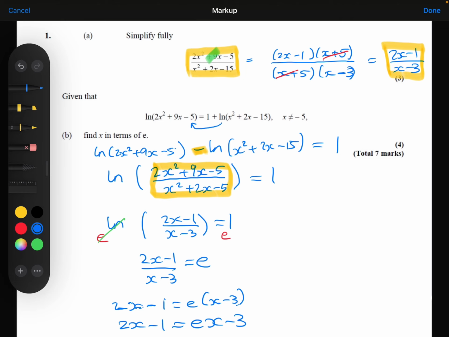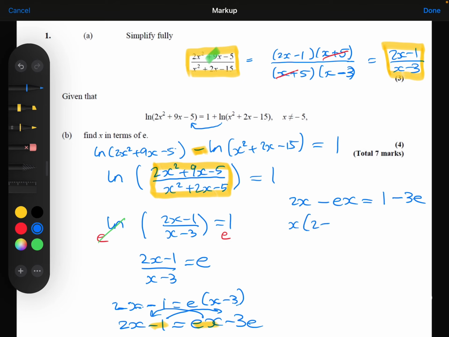Move the x's all onto one side, so I'm going to move the minus 1 to the right hand side, and I'm going to move the ex to the left hand side. So I'll get 2x − ex is equal to 1 − 3e. Just moving this over here and moving that over there.